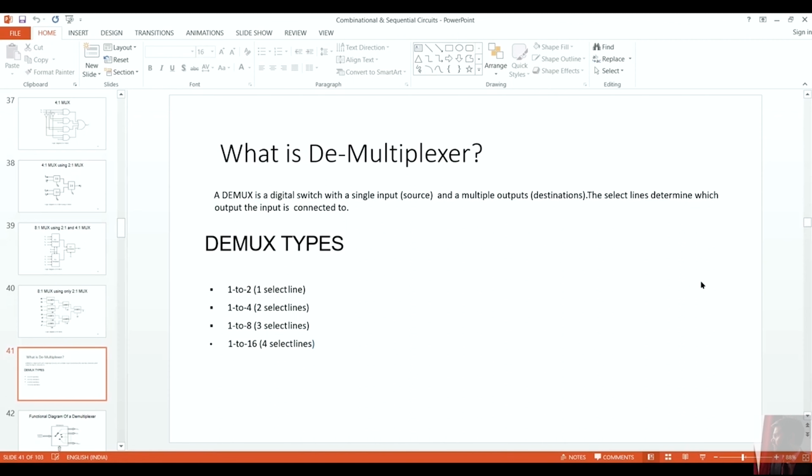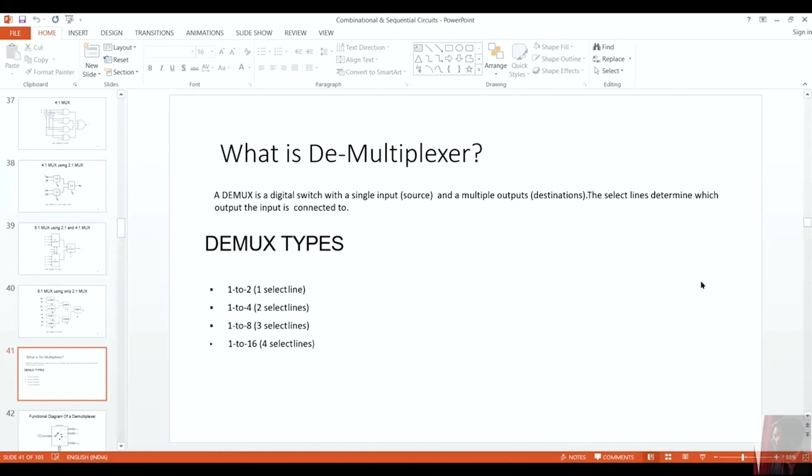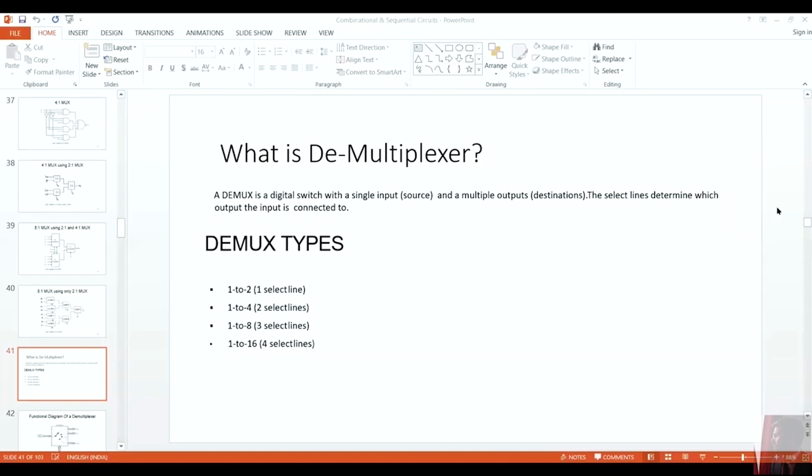You can see it is written here 1 to 2: input is 1, that is fixed, and output can be 2, that is 2 raised to power 1. So if it is 2 raised to power 1, how many select lines? 1. When it is 2 raised to power 2, how many select lines? 2. When it is 2 raised to power 3, how many select lines? 3. And when it is 2 raised to power 4, how many select lines? 4. I hope this is clear.